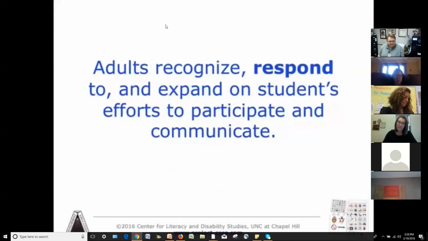Another student might repeatedly touch more on her own universal core board. Again, the adult would attribute meaning, saying something like, "More? Do you want more?" In this case, the adult touches more on the universal core board while saying "more," and then touches "want" and "more" on the universal core while saying, "Do you want more?"